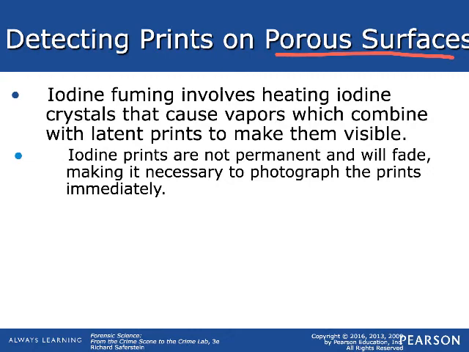The iodine crystals will do that. They turn into a gas, and then that's going to interact with the latent prints. Now, iodine is not permanent, so it's going to fade. So you have to take pictures of them before they fade, or you have to add some other chemicals to it.